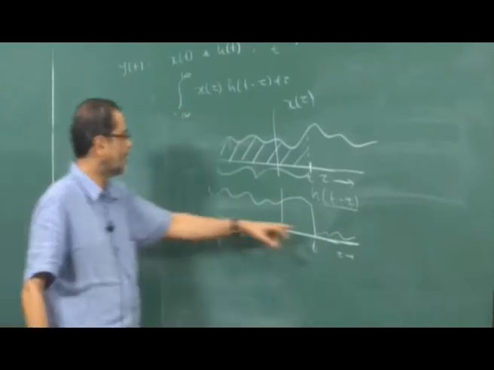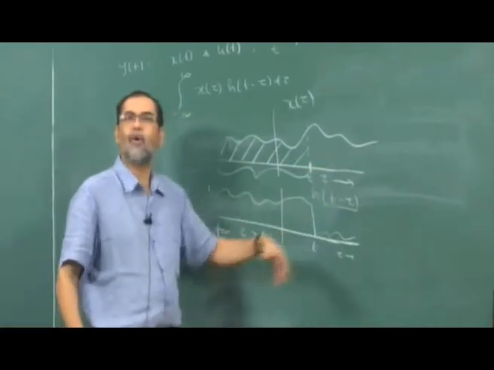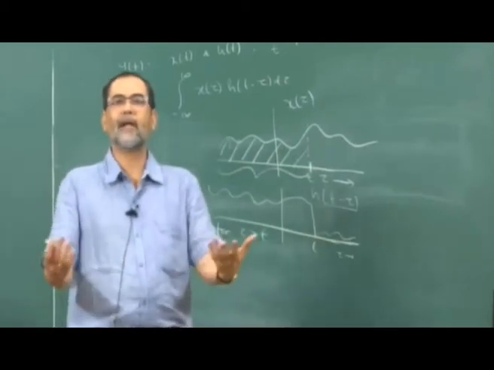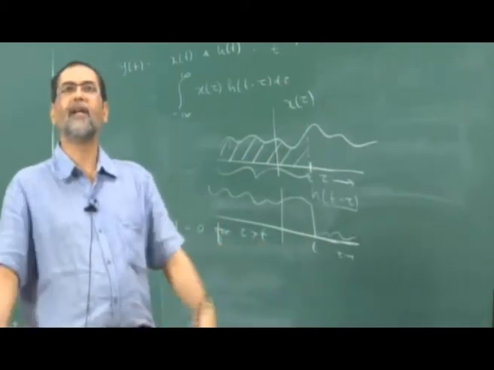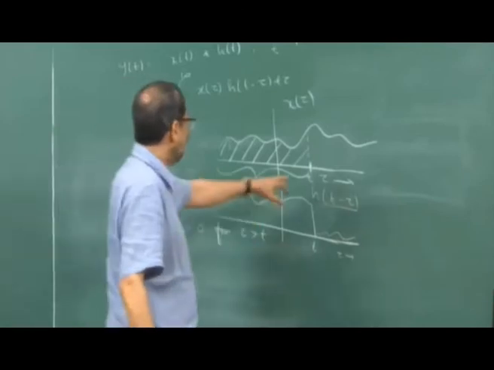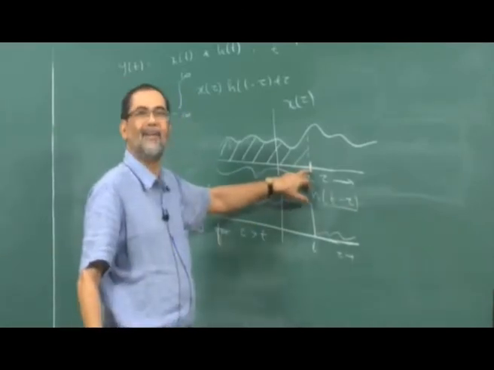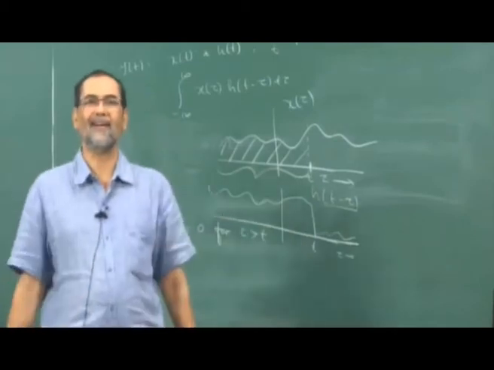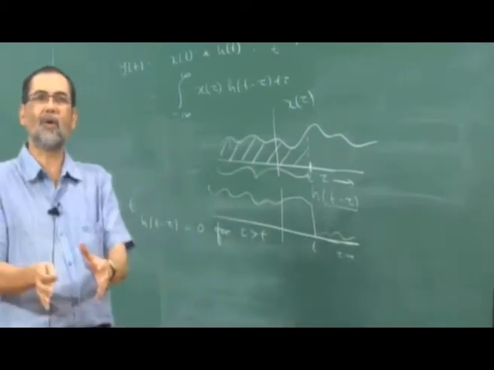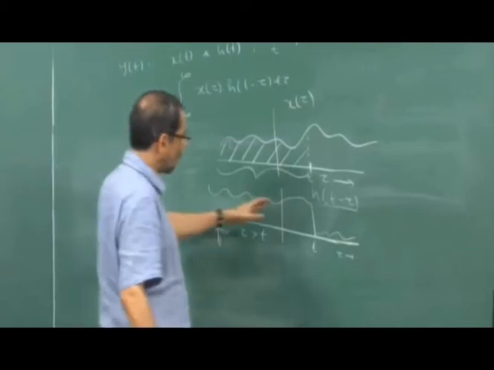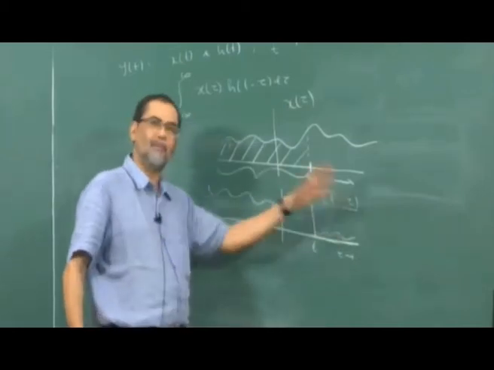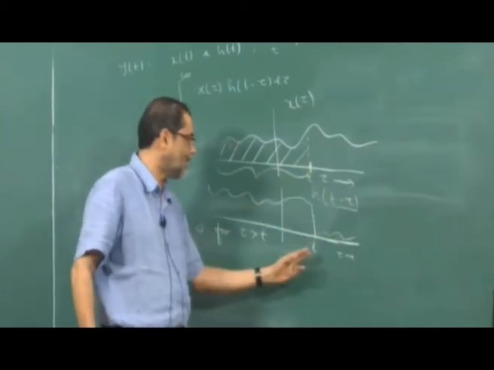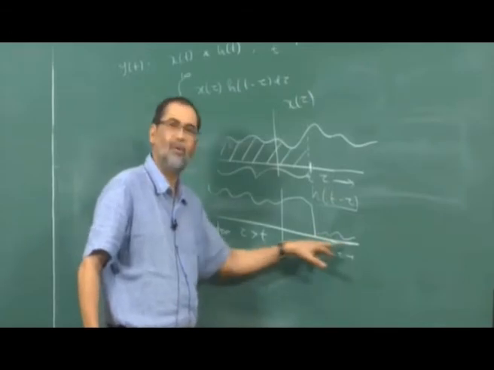Otherwise, they will have overlapping areas where you can find the product and find the area under the product for y at time t equal to t, in which case causality will be violated. So for the system to be causal, the impulse response, in this case the flipped and delayed version, this part should be 0.